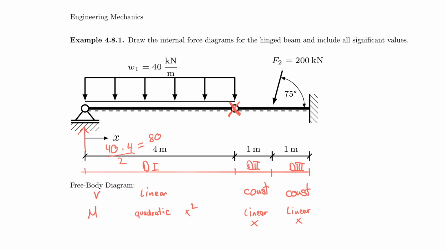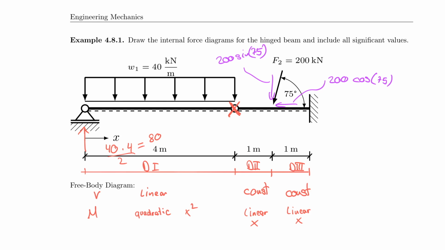So now that I know that my support reaction there is 80, I guess one other thing I should do quickly is calculate my x and y components of this force because it will make my life easier. So let's do that. And that is nothing else than 200 times cosine 75, and this here would be 200 times sine 75.